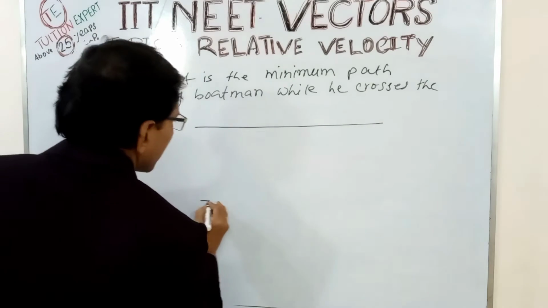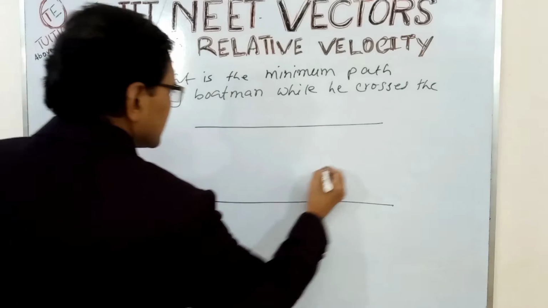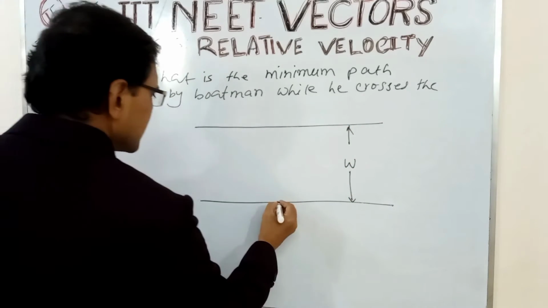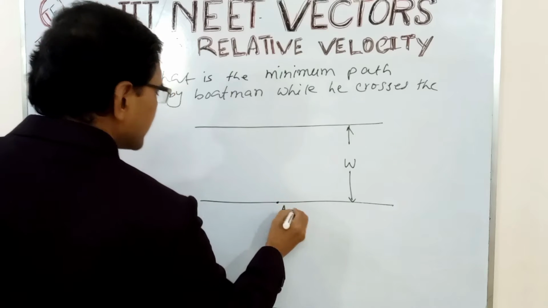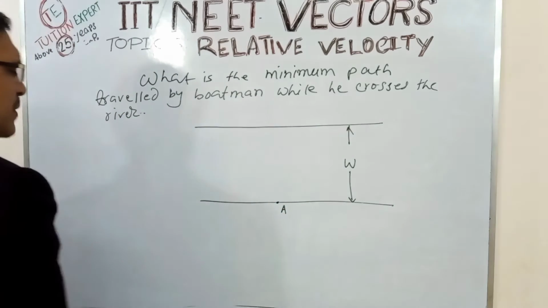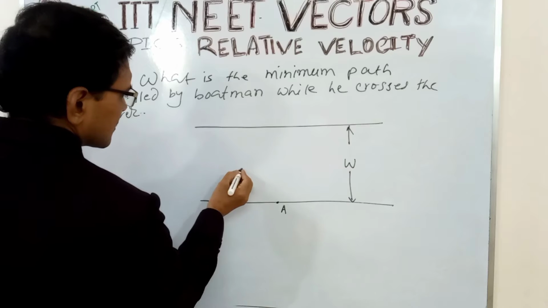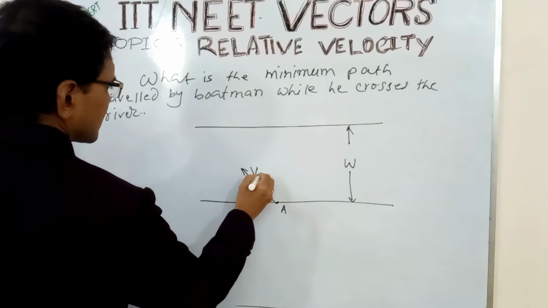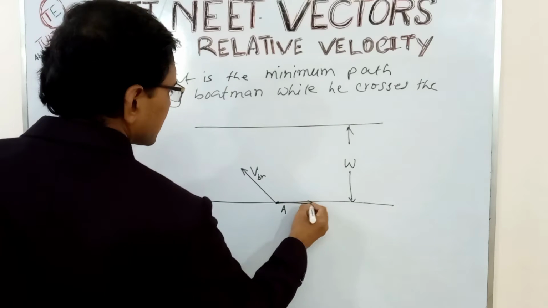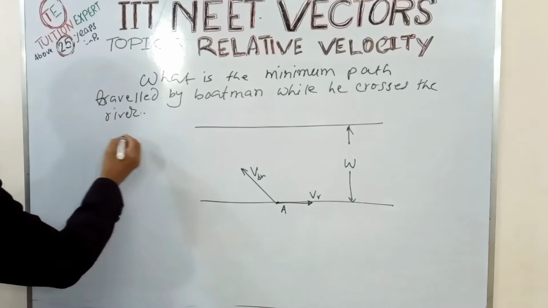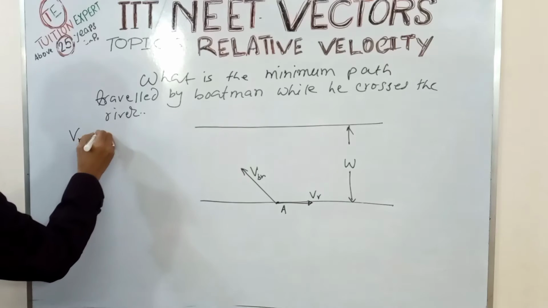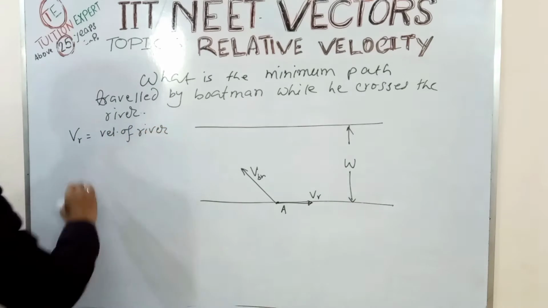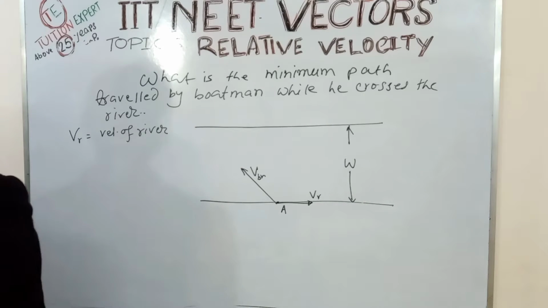Now suppose this is the river and W is the width of the river. The boatman starts from this point. We want to cross the river. VBR, VR. Now here VR equals velocity of river, the velocity of water of the river.